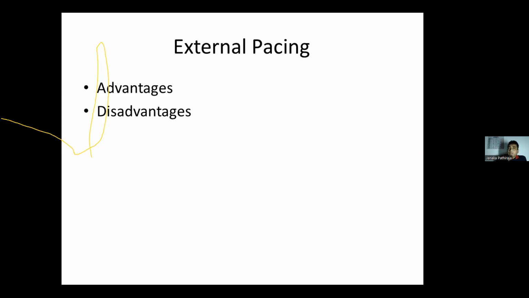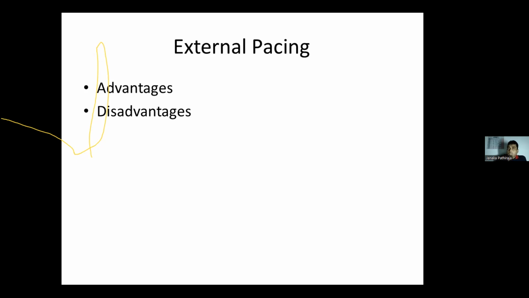One is it's freely available, right? Almost all new defibrillator machines have external pacing facilities. So in most places, although we don't know, it is available. If you know how to use it, you can use it, right? Availability is more, and it's non-invasive.